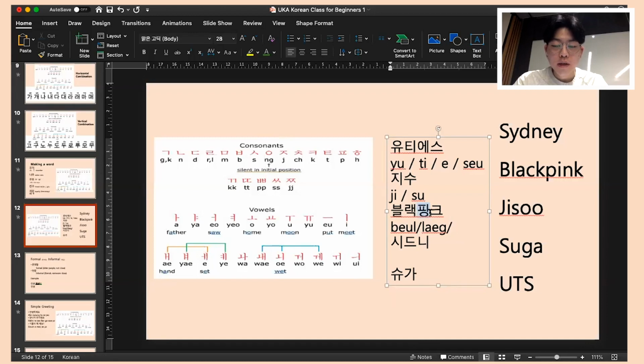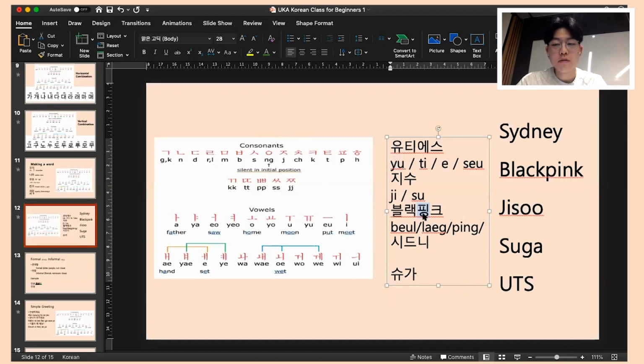So notice how the silent sound, the A sound, is on the bottom in this one. You'll pronounce it as the NG sound. So P-I-N-G. When it's up the top like this, it's silenced.